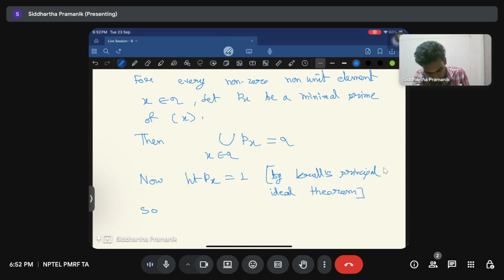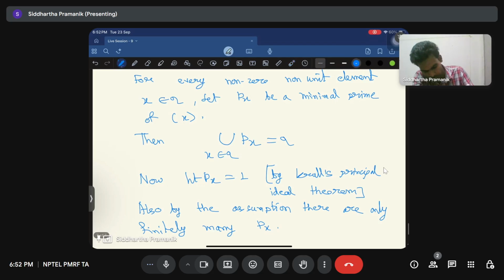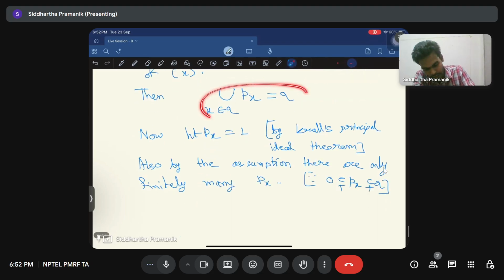And by the assumption, there are only finitely many Px, because every Px is an ideal between 0 and Q. So because 0 is a proper subset of Px and a proper subset of Q. So this is a finite union.